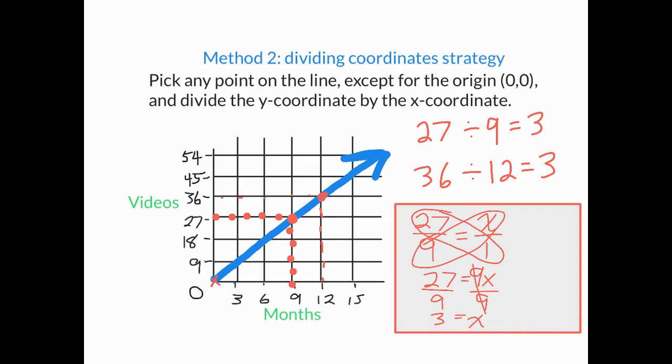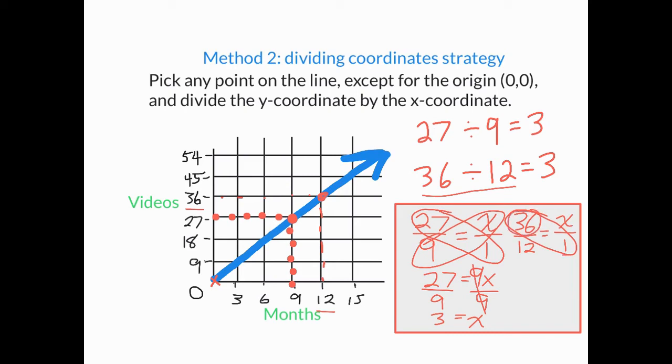Okay? We could have also used this ordered pair, 12, 36. So 36 videos are made in 12 months. How many videos are made in 1 month? Again, cross multiply. Notice since we're just multiplying by 1, this number, the 36, is going to stay the same.